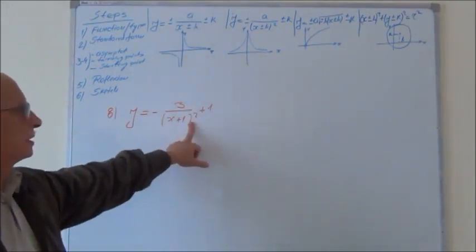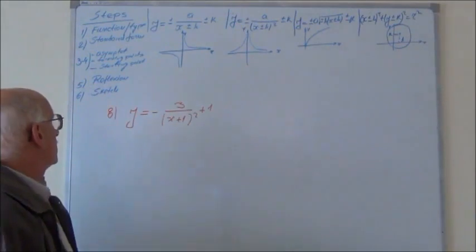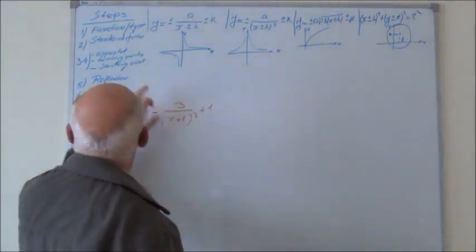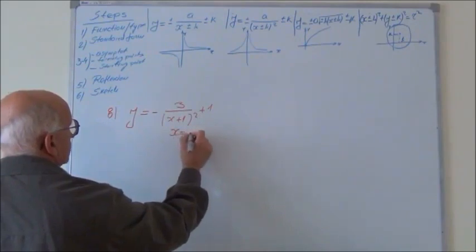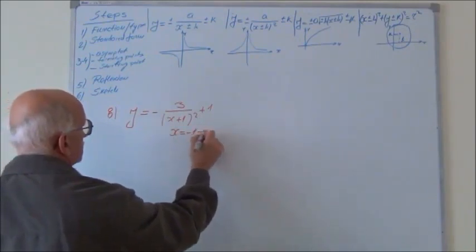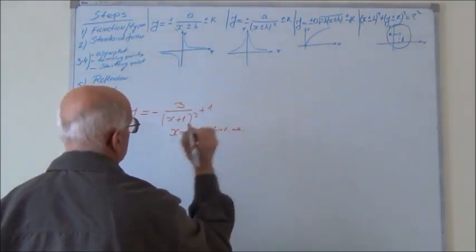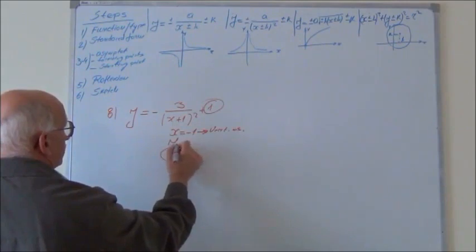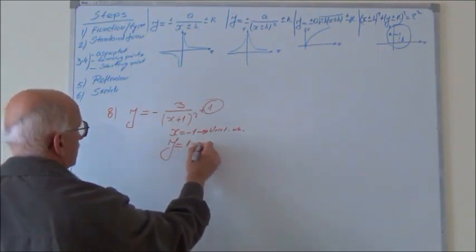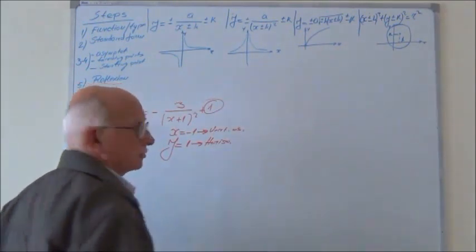Straight away we can see that we are talking about a truncus, and it is in standard form. Then x equals minus 1 is the vertical asymptote, and this number here, y equals 1, is the horizontal asymptote.